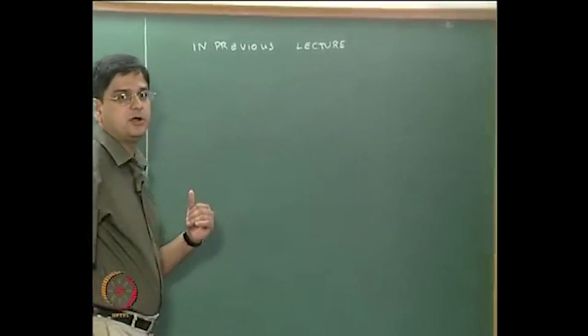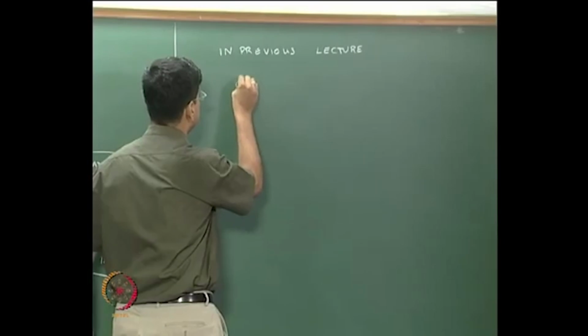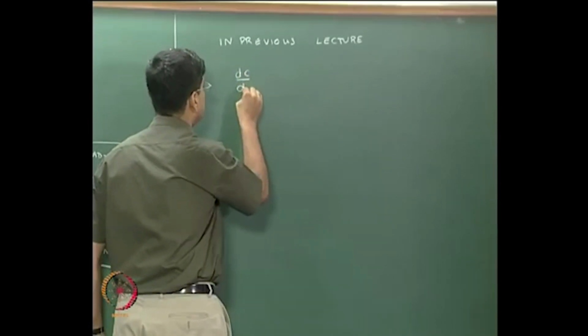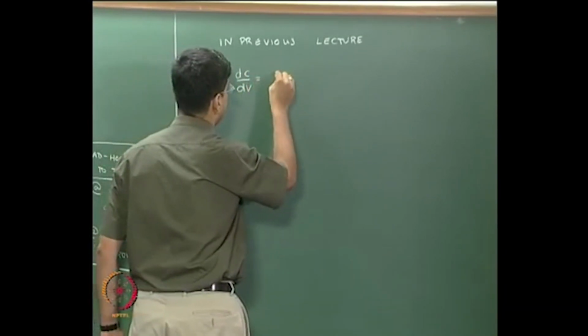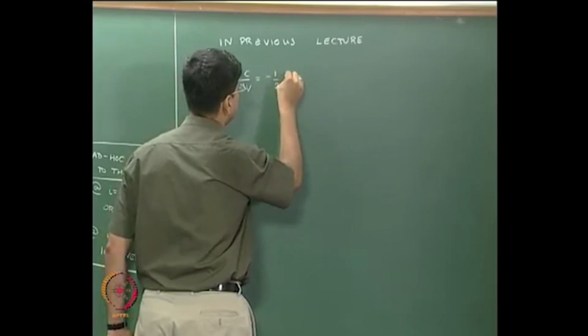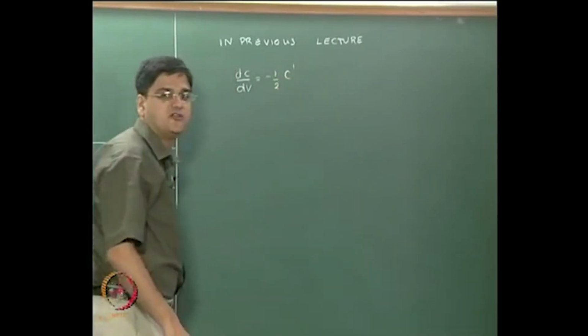So what we saw in the previous lecture, we changed our PFR equation to a first order equation of the form dC/dV equal to minus 1/2 C to the power 1, instead of 1.25.